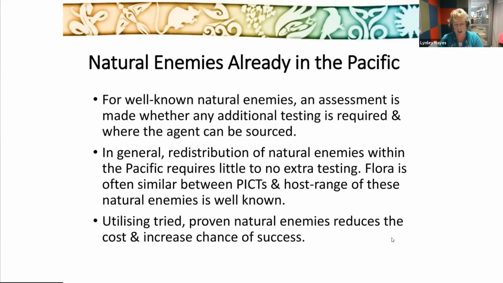Where there is interest in introducing them into a country where they're not already present, we do an assessment to see whether any additional testing is required. Does that country have native plants that are unique to their country that haven't been tested, or maybe economically important or ornamental species that we need to check if they're at risk of attack?